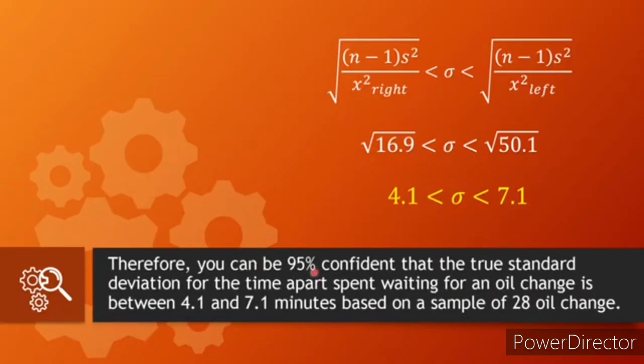Therefore, you can be 95% confident that the true standard deviation for the time spent waiting for an oil change is between 4.1 and 7.1 minutes, based on the sample of 28 oil changes.